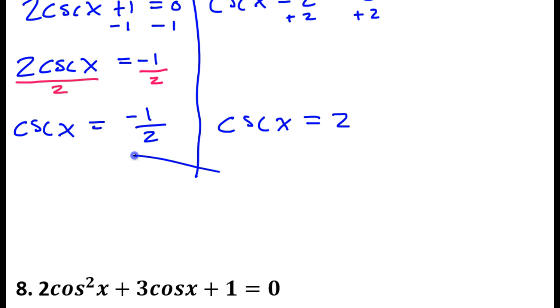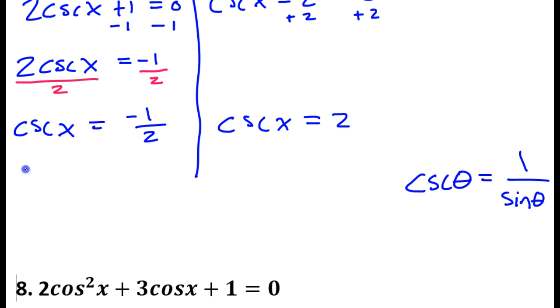Alright, let's wrap this up. So, cosecant. Well, remember that cosecant is the reciprocal of the sine function. Cosecant is the reciprocal of sine. So if I do the reciprocal of both sides of the equation, then the reciprocal of cosecant is the sine function.